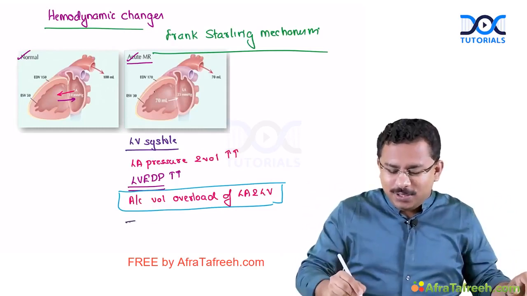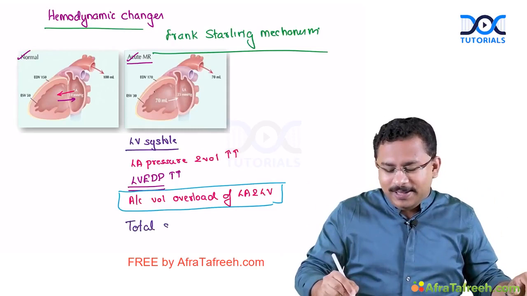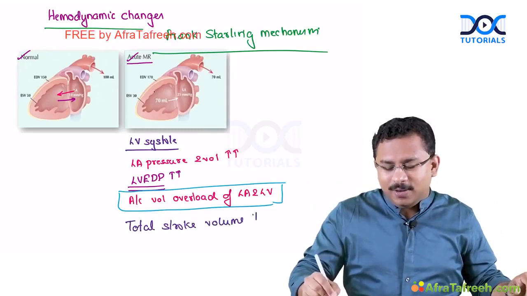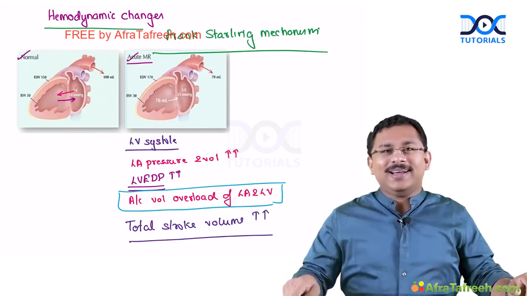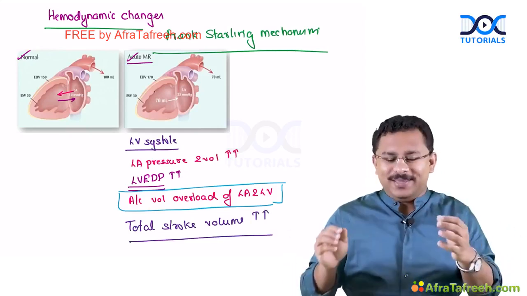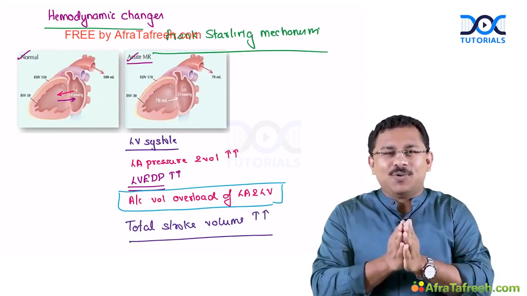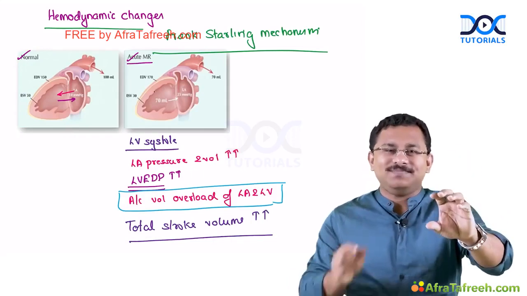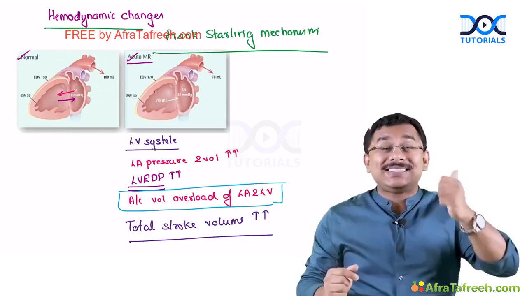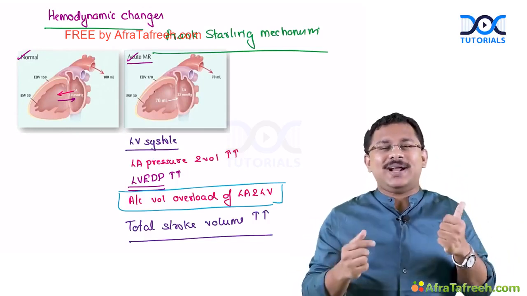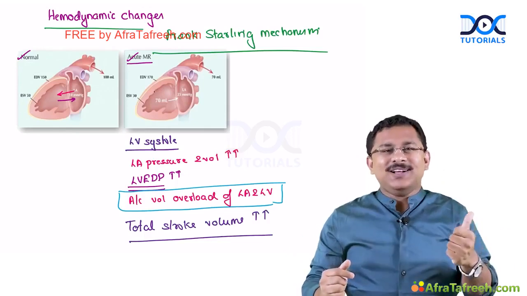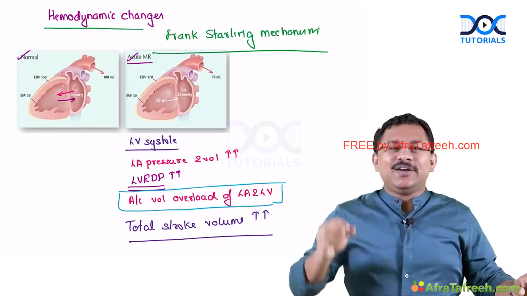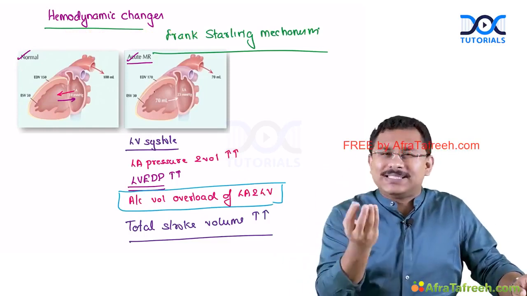Because of the Frank-Starling mechanism, it is easy to understand that the total stroke volume in case of an acute MR will increase. Listen to this term, total stroke volume. What is this total stroke volume? It is the sum total of the forward stroke volume that goes to the aorta plus the regurgitant volume of blood that goes into the LA. So though the total stroke volume increases, the forward stroke volume is subnormal.